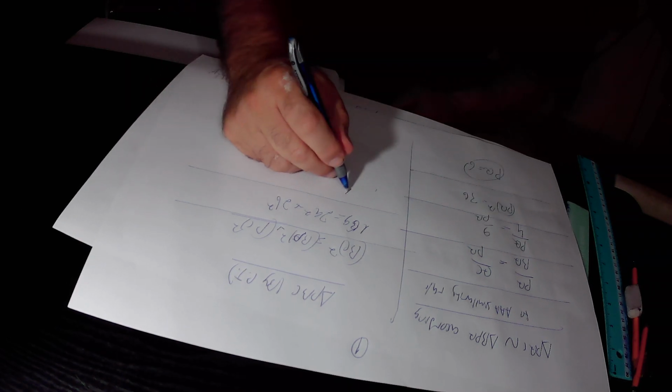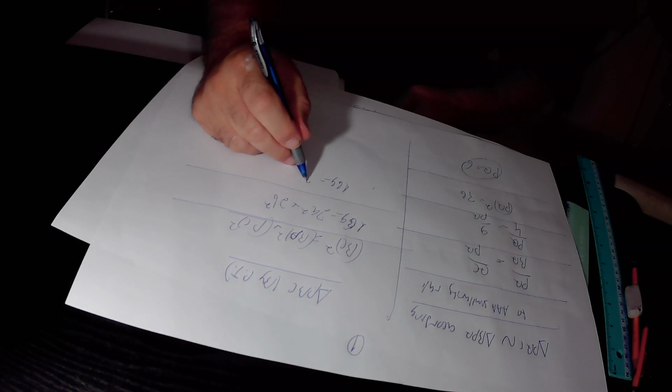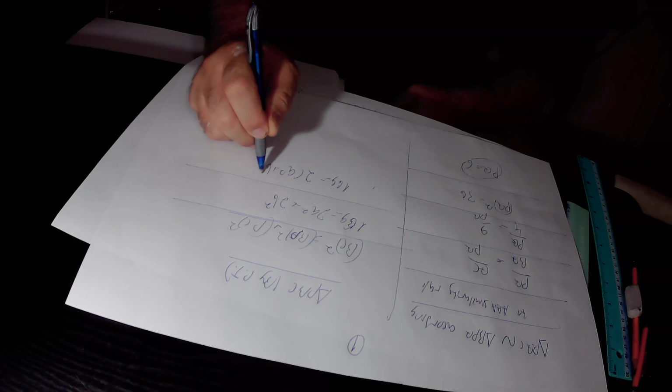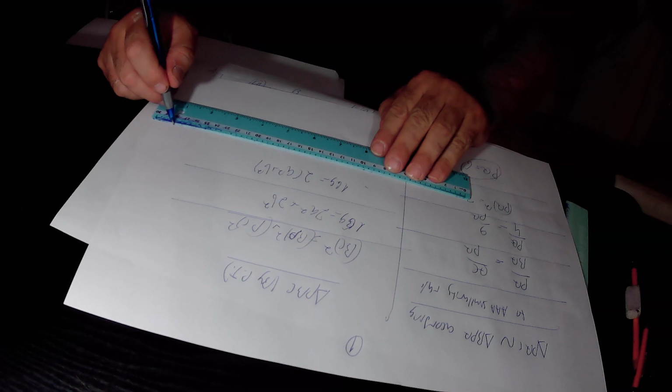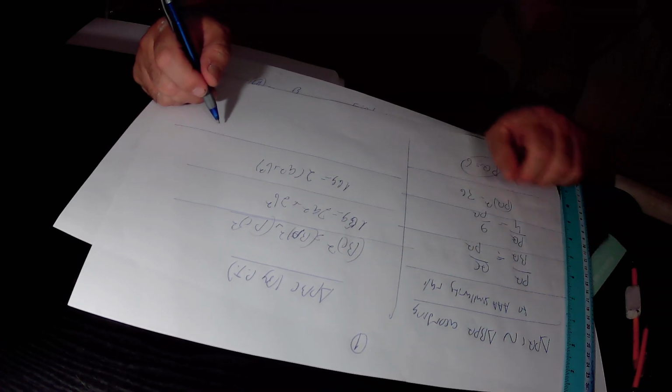So we take out 2 as a common factor, so inside the brackets we have A square plus B square. So in total, we should find out that 169 equals 2 times A square plus B square.